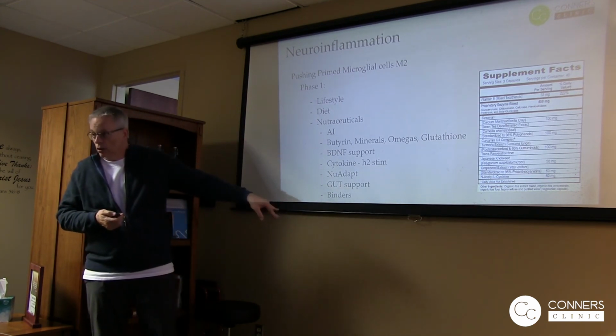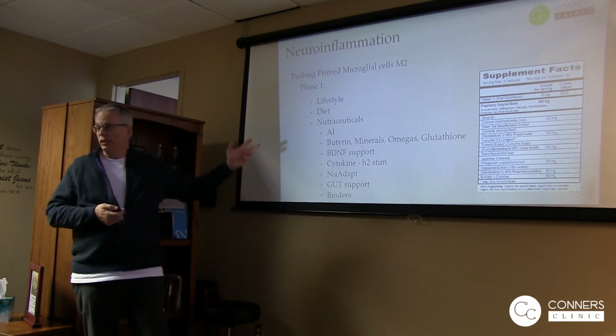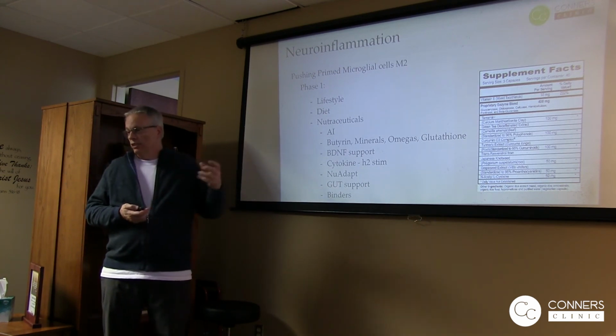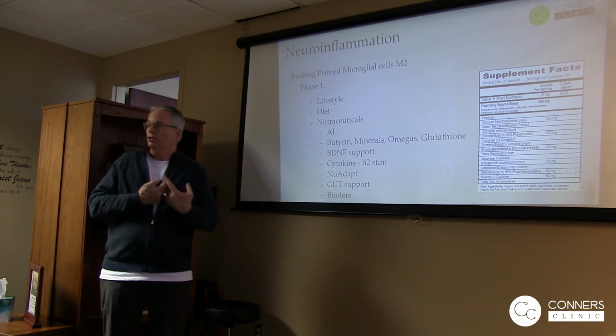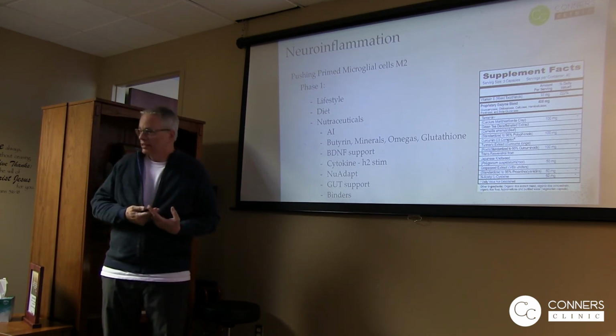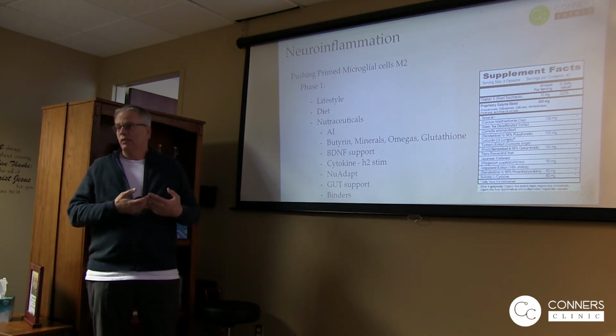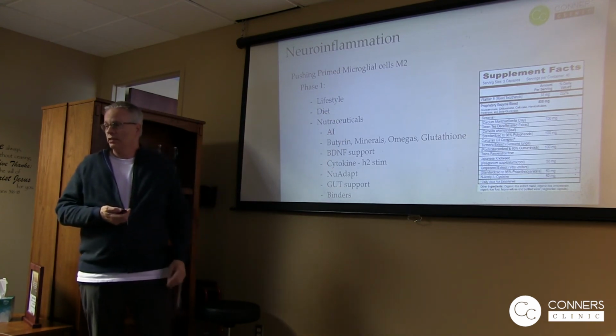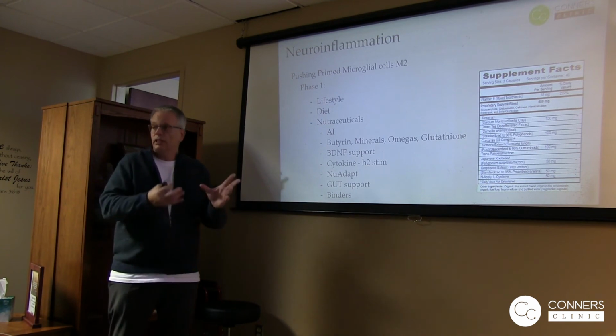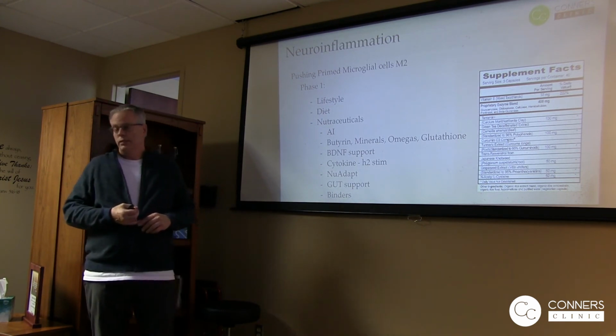T-Vigo is a great product for people in this category. T-Vigo is EGCG. That's going to drastically reduce IL-6. Remember, IL-6 is something that spews out from the M1 prime microglial cells. So we're pushing it to the M2 state.